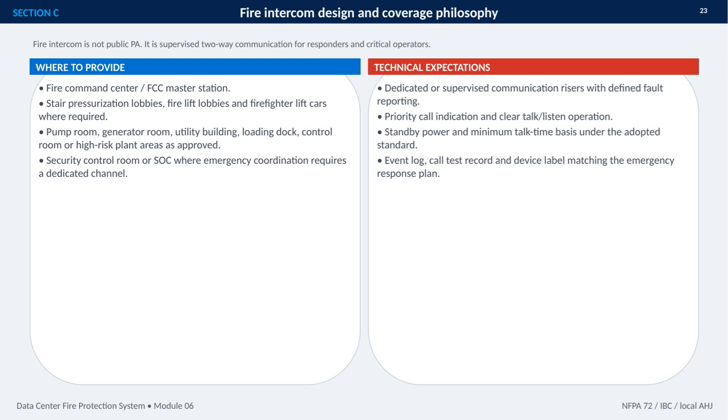Users should receive priority call indications and have an unambiguous talk and listen operation. Standby power must support the required minimum talk time under the adopted standard. Finally, event logs, call test records, and device labels should align with the emergency response plan. These decisions should be coordinated with NFPA 72, the IBC, and the requirements of the local authority having jurisdiction.